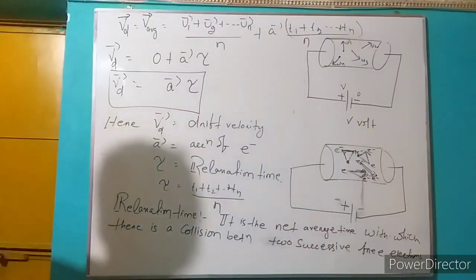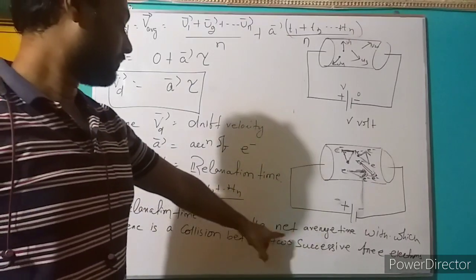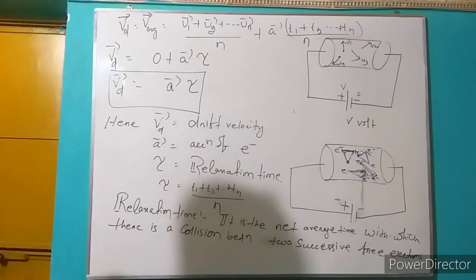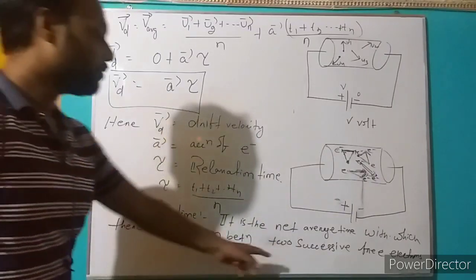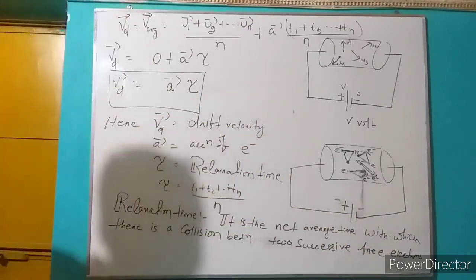So relaxation time means it is the net average time with which there is a collision between two successive free electrons.